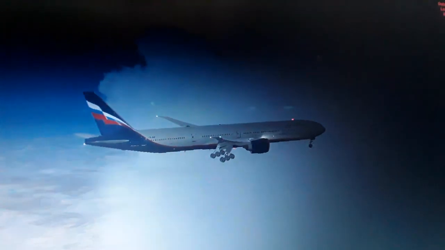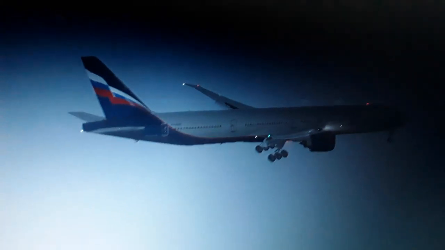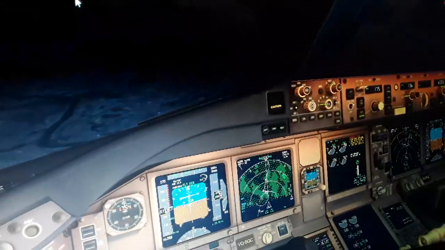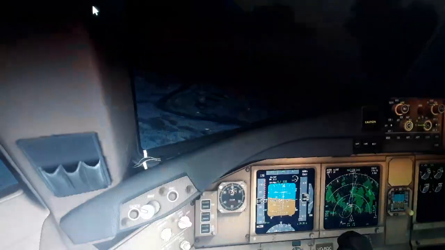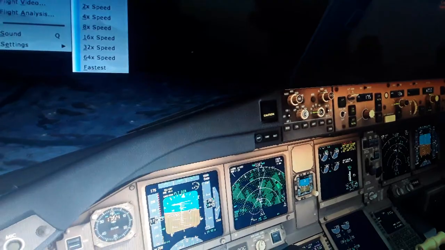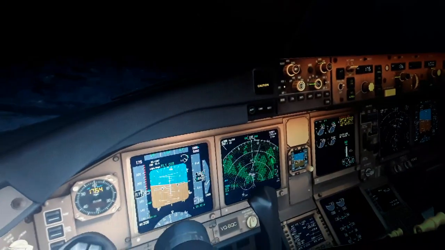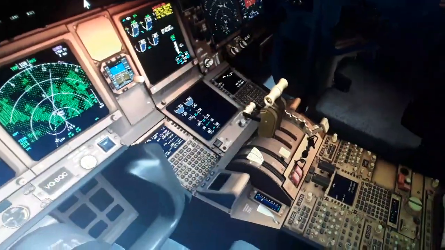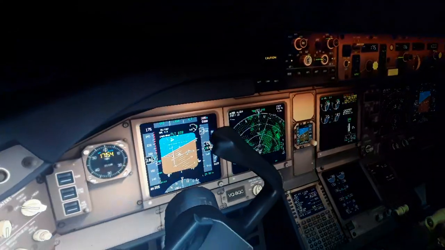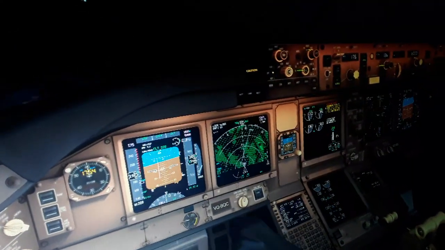So we're gonna use this view now here for the approach. So we have the airport inside. We have a few more minutes left to go. We are 5,000 feet above the ground.